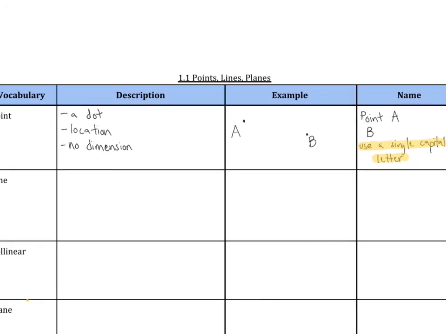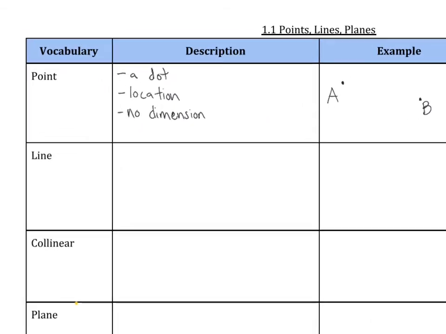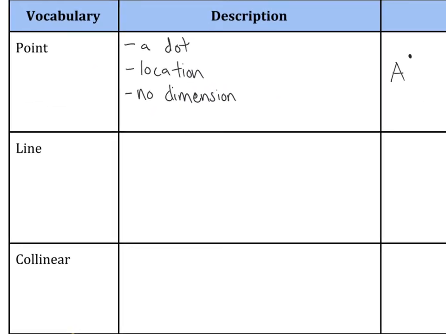All right, moving on. The next figure we're going to talk about is a line. Now, many of you already know this, but let me just reiterate it. A line has arrows on both ends, because it's signifying that it is infinitely long.